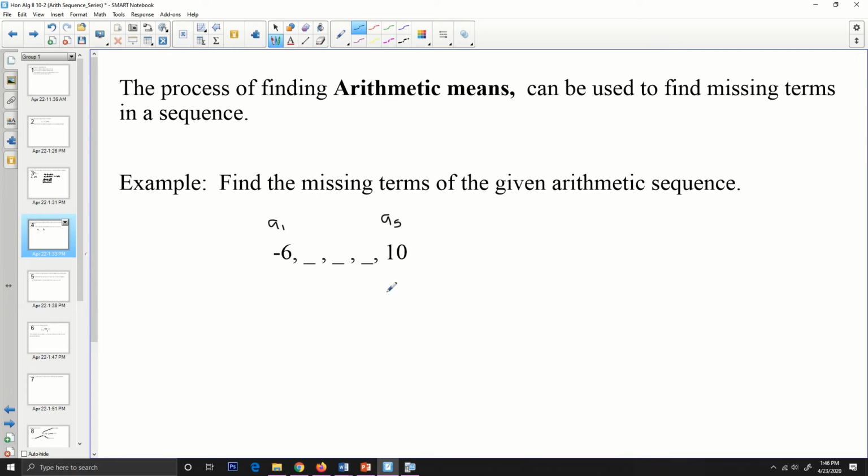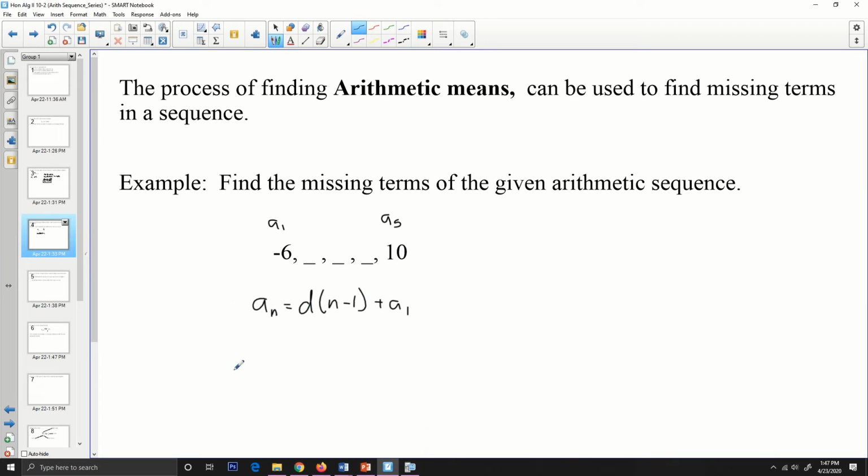All right, so here's what I'm going to do. I'm going to say that a sub n equals d times n minus 1 plus a sub 1. Well, here's the thing. I know what a sub 1 is. It's -6. If this is the fifth term, then a sub 5 is going to equal d times 5 minus 1 plus a sub 1.